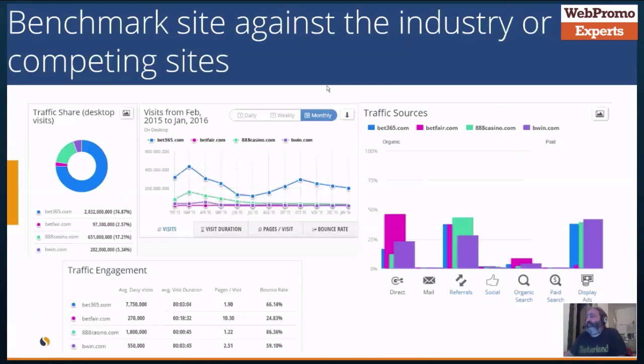So just benchmarking against the industry. This is taken from our industry analysis tab, which is basically like an aerial view of the entire internet, based on 250 something categories.